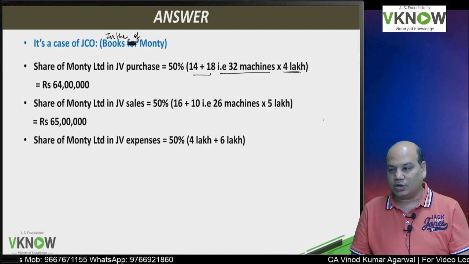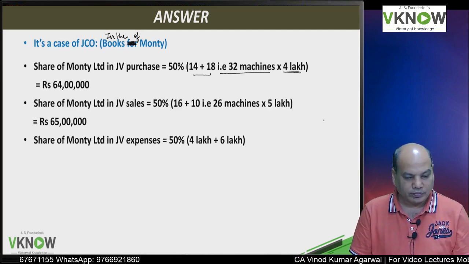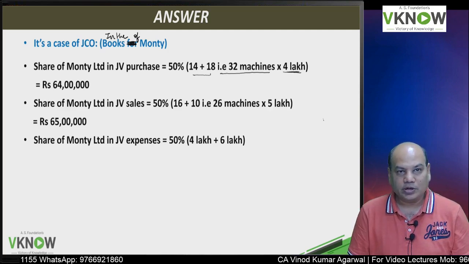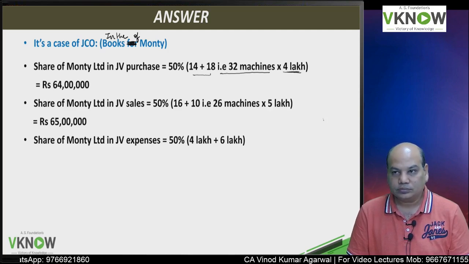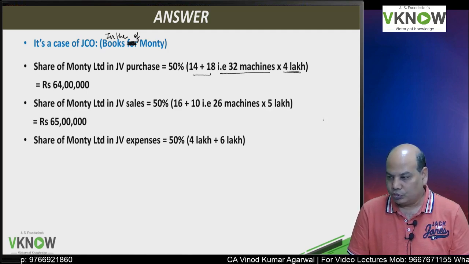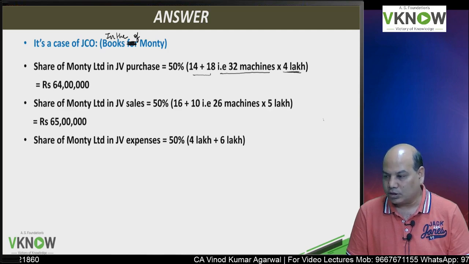Then write down share of Monty Limited in joint venture expense. 50% of 4 lakh plus 6 lakh.